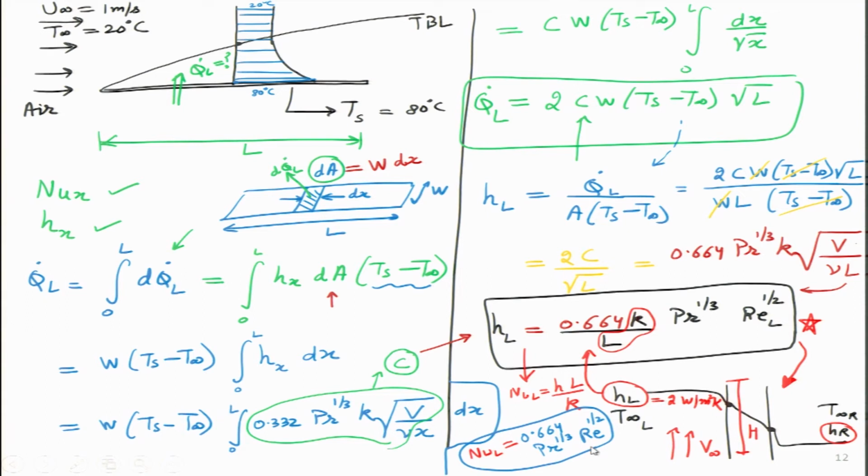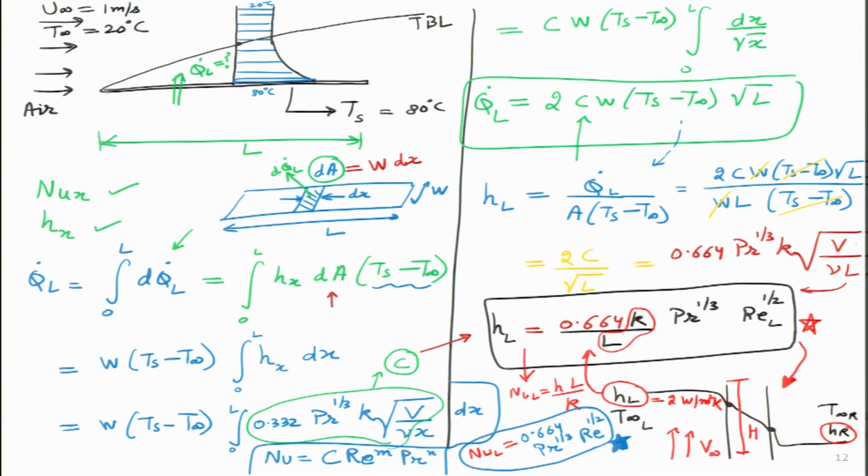Another interesting thing I can see in this particular blue equation over here, I am putting a blue star. What does this equation remind us of? If the students remember, there was one general equation I had written earlier: Nusselt is simply a constant multiplied by Reynolds to the power m and Prandtl to the power n.